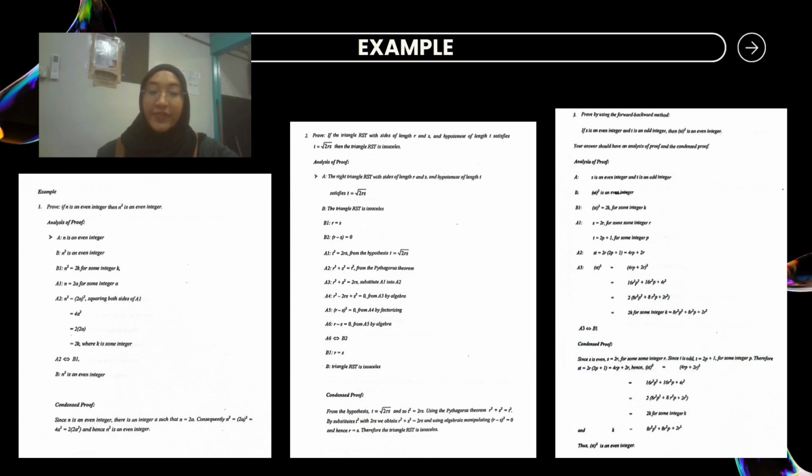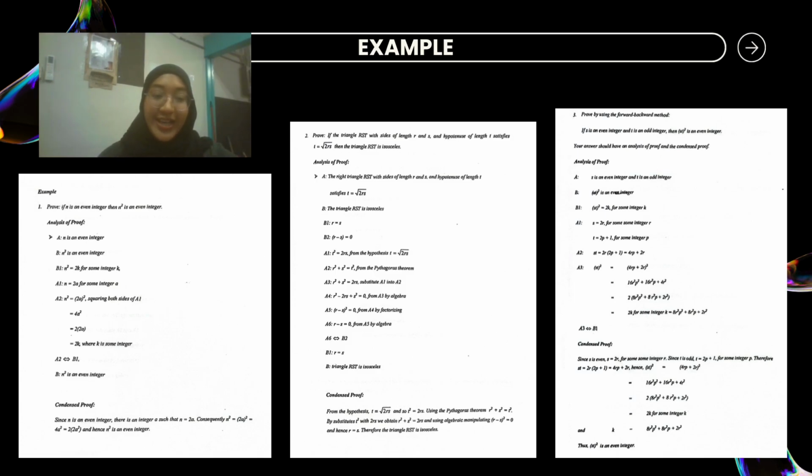Example 3. If s is an even integer and t is an odd integer, then (st) squared is an even integer. Your answer should have an analysis of proof and a condensed proof. Analysis of proof. A: s is an even integer and t is an odd integer. B: (st) squared is an even integer.